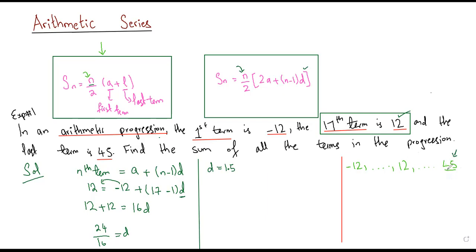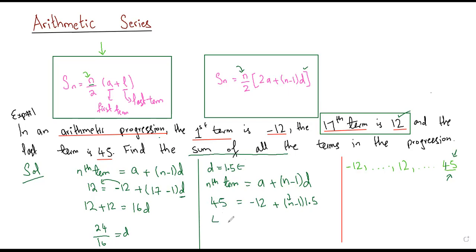Again, I will use the same formula, that nth term is a plus n minus 1 into d. I know that whatever the nth term is, that is 45. I know the first term, that is minus 12, and I need to find this n, and d is 1.5. We have just calculated that. Now this n would help me find the sum of all the terms in the progression.